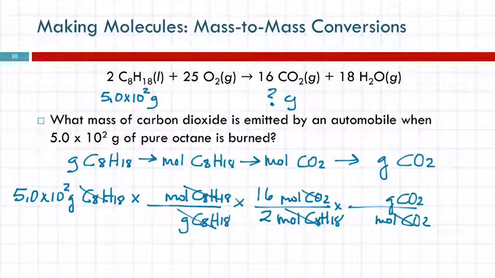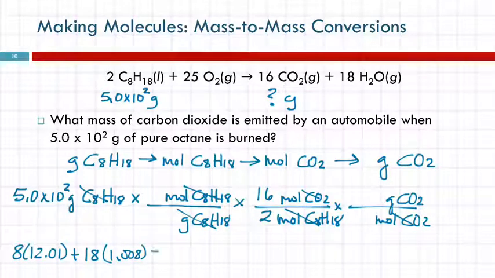So for C8H18, 8 times the mass of carbon plus 18 times the mass of hydrogen. 8 times 12.01 plus 18 times 1.008.